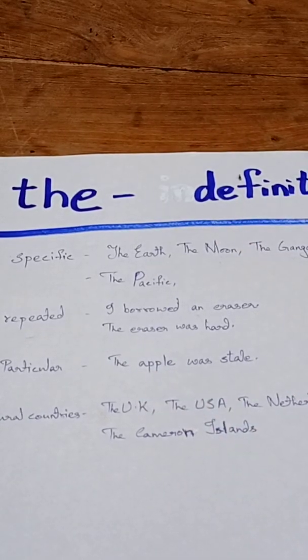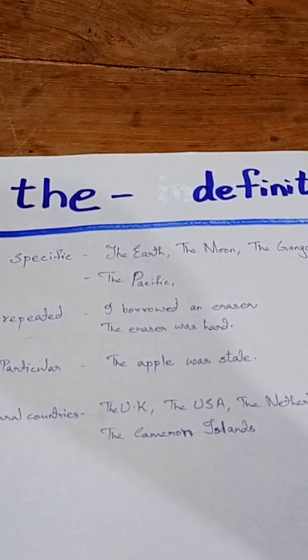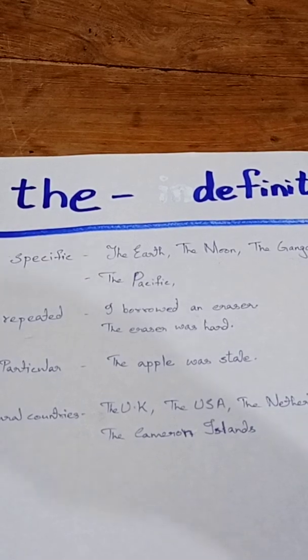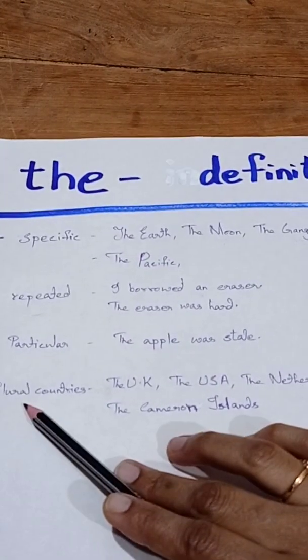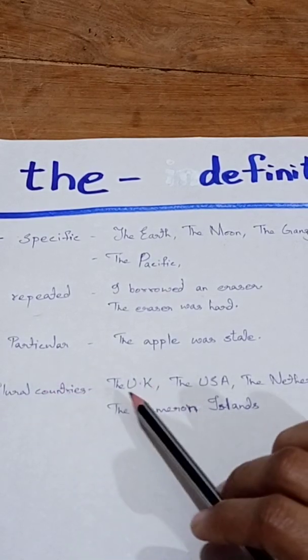When you are not definite, when you are talking about an object in common, then you use the article a or an. But when you are definite about something and you are talking about a single particular thing, then you use the article the. Understood?